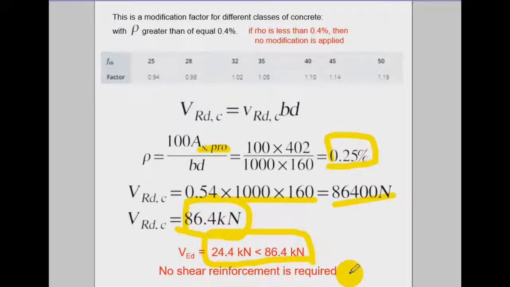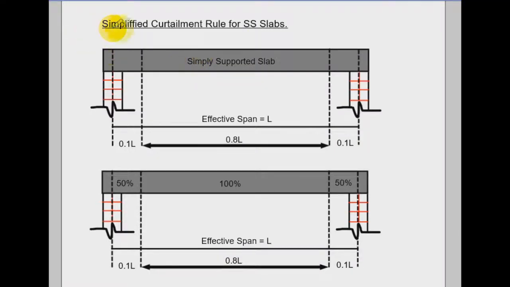That's it. Okay, there is the simplified curtailment rule for simply supported slabs. And that basically means along this distance, 0.8 L, we provide the whole reinforcement, the 100% of reinforcement up to this length only, 0.8 L. But for 0.1 L near to the support here, for the simply supported slab, we only provide steel of 50%.